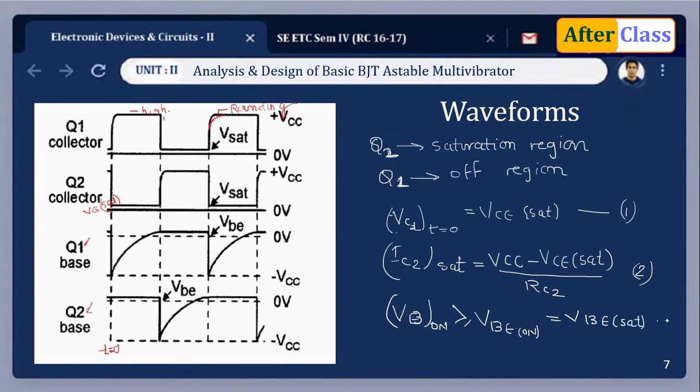We'll mark this as equation 3. Assume at T equals 0, transistor Q2 is in saturation region. So if the transistor is in saturation region, the output will be VCE sat, and when the transistor Q1 is in off state, the output will be high.